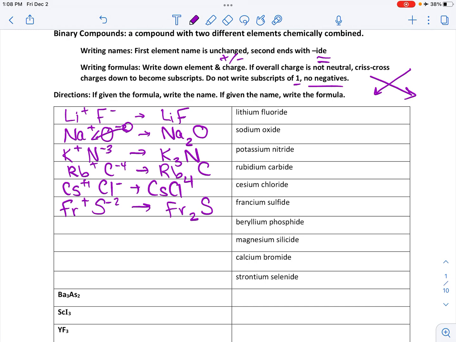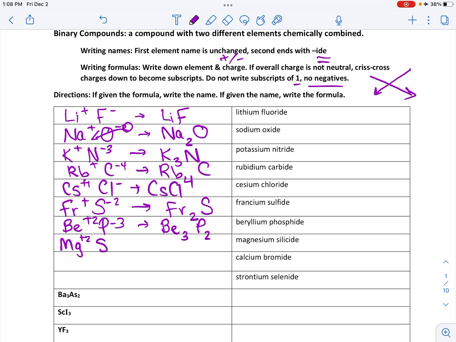Fr2S. Beryllium phosphide. Be+2. That is phosphide, P-3. Again, not neutral, so we have Be3P2. Magnesium, Mg+2.